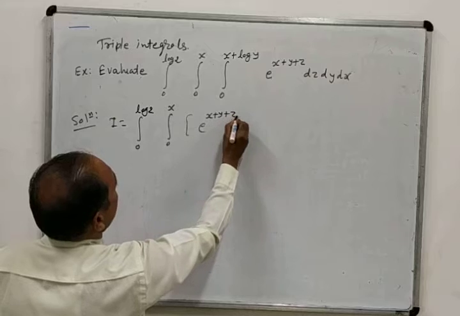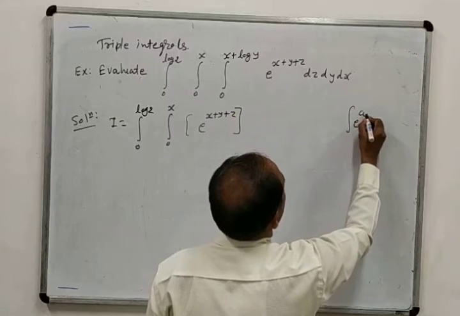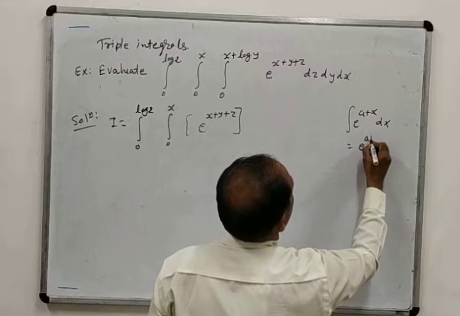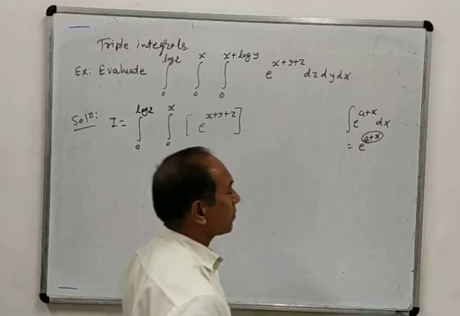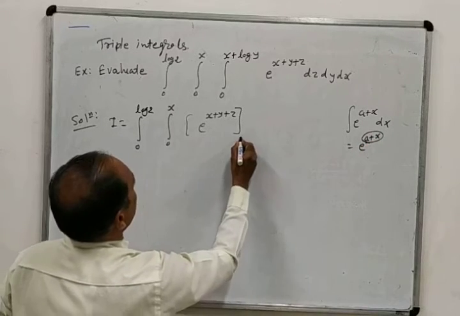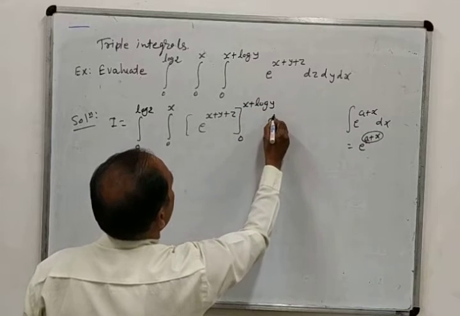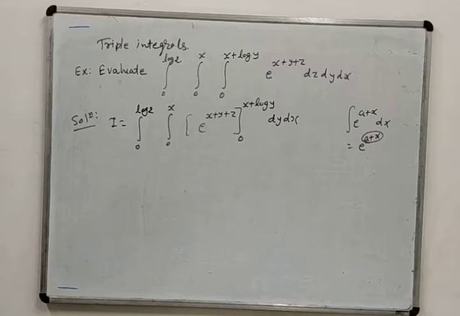So integration of e raised to x plus y plus z with respect to z is e raised to x plus y plus z only, just as when you integrate e raised to a plus x dx, its integration is e raised to a plus x directly because the derivative of a plus x is a as 0 and x as 1. So it is 0 to x plus log y. The solution will be lengthy but not difficult to solve. You can do it very easily.